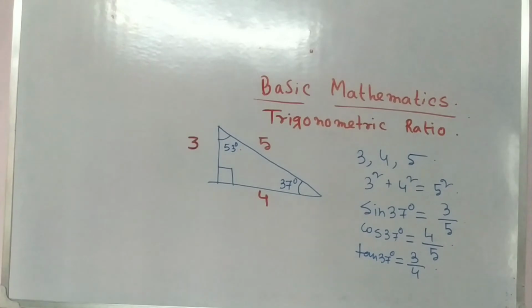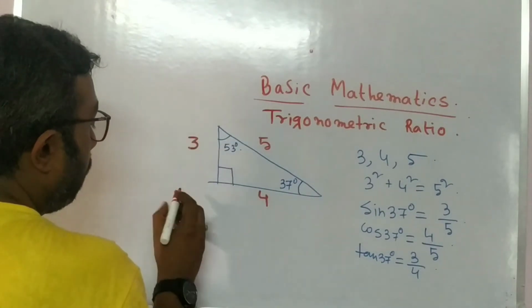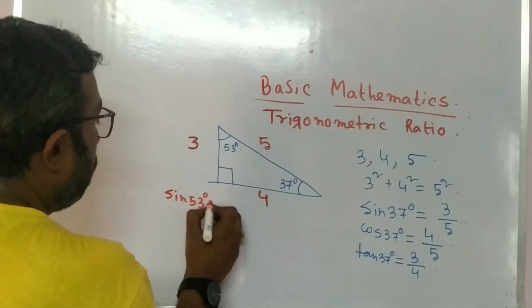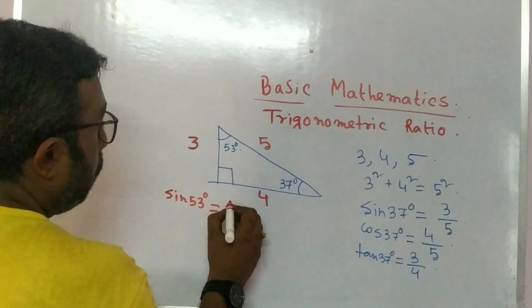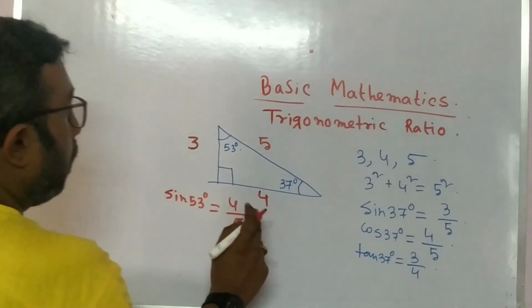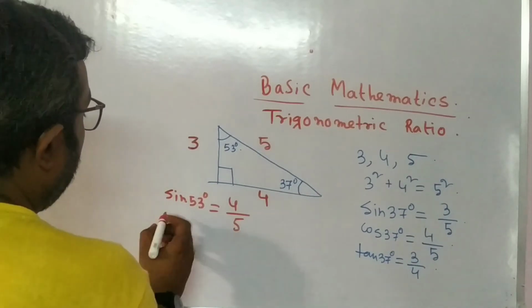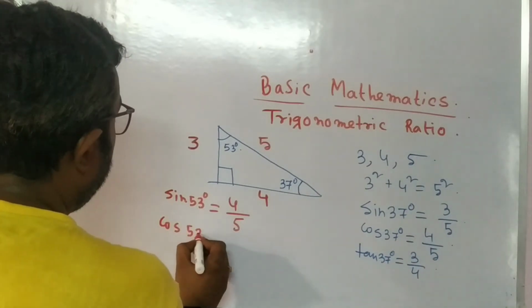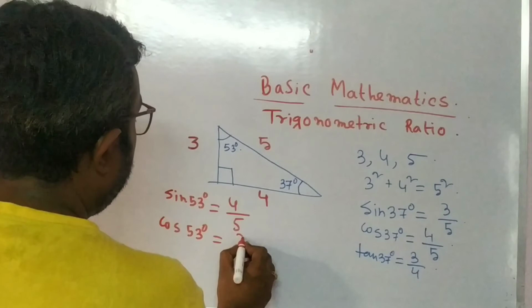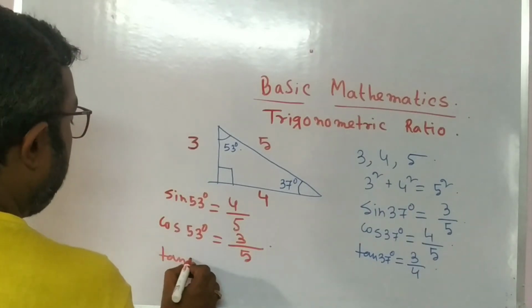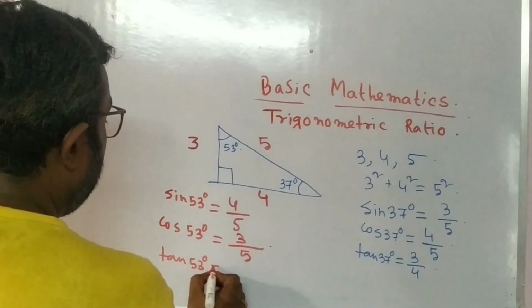Now we are going to find the values of 53 degree. So sin 53 degree equal to 4 by 5. Cos 53 degree equal to 3 by 5 and tan 53 degree equal to 4 by 3.